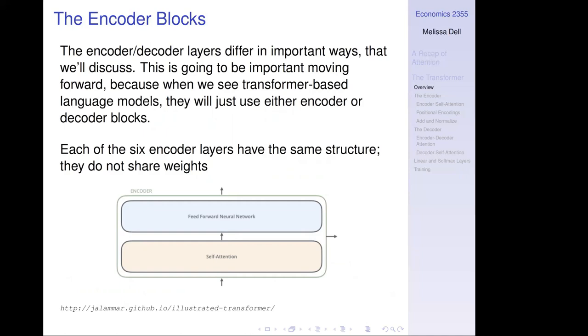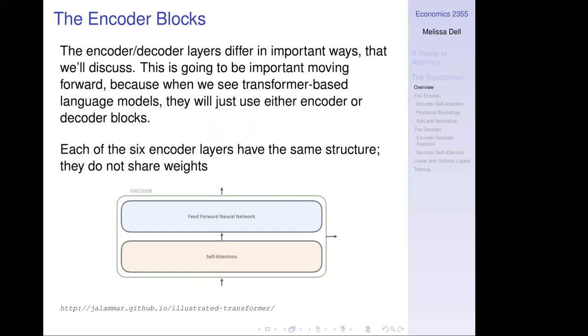And so the encoder and decoder layers do differ in important ways. They're also similar in important ways. And as I said, you want to pay attention to this, because when we go to different types of language model architectures next class, some will use an encoder approach and some will use a decoder approach.